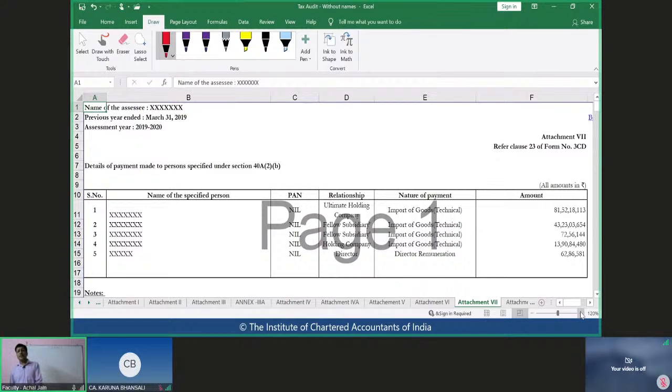It doesn't restrict the transaction type to certain specified categories. It only talks about the payments which are made to the persons specified under this section of the Income Tax Act. And of course, then the amount will also have to be reported over here, the amounts which have been paid to the specified persons.